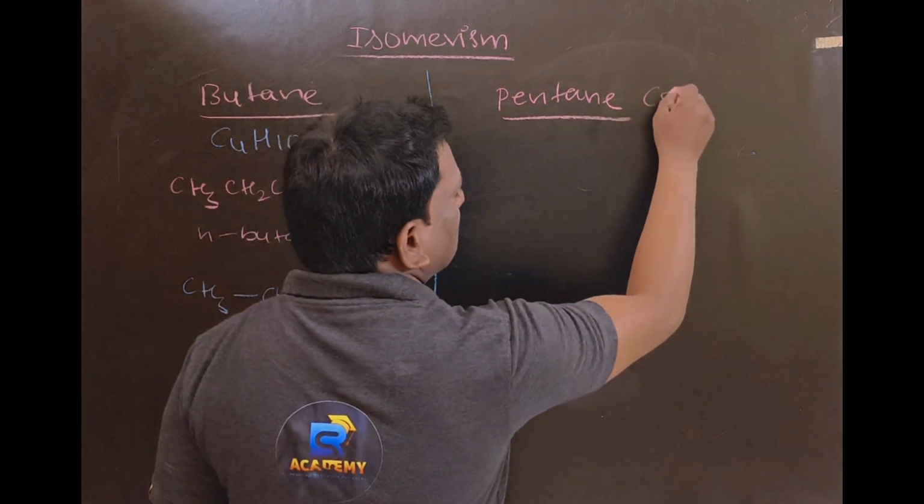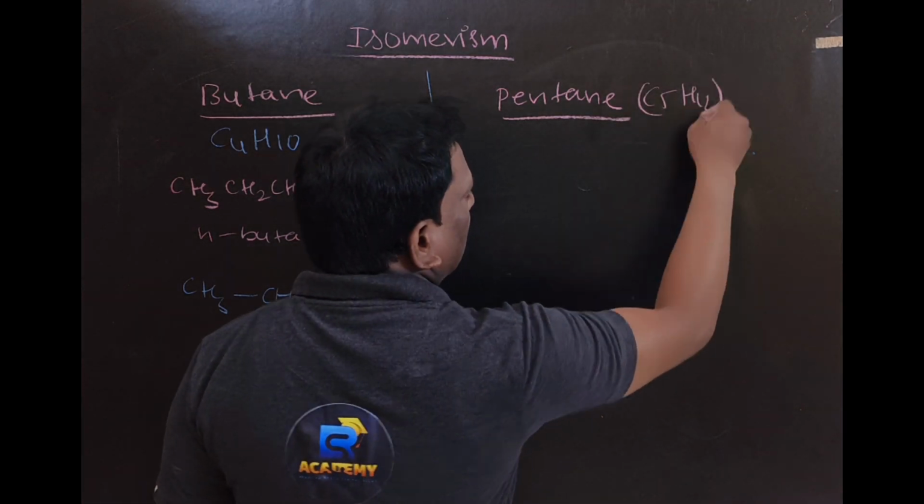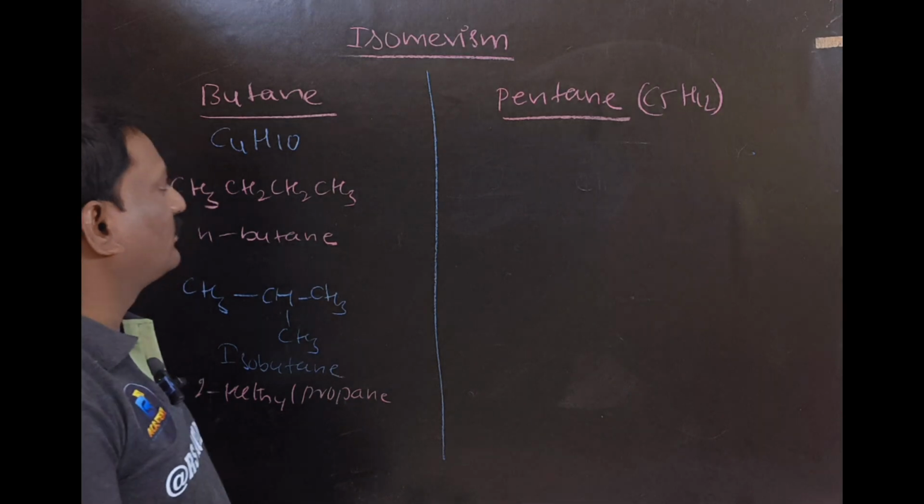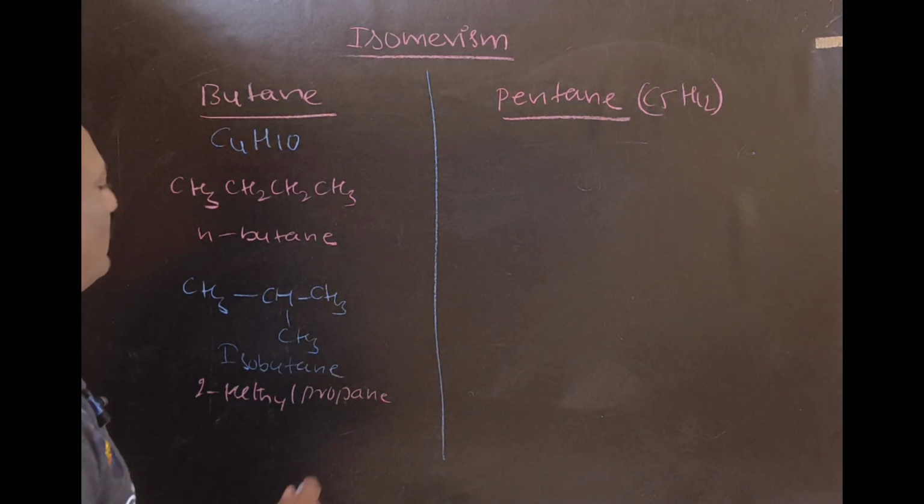Then what about pentane? Pentane chemical formula is C5H12. You can draw three isomers for pentane.